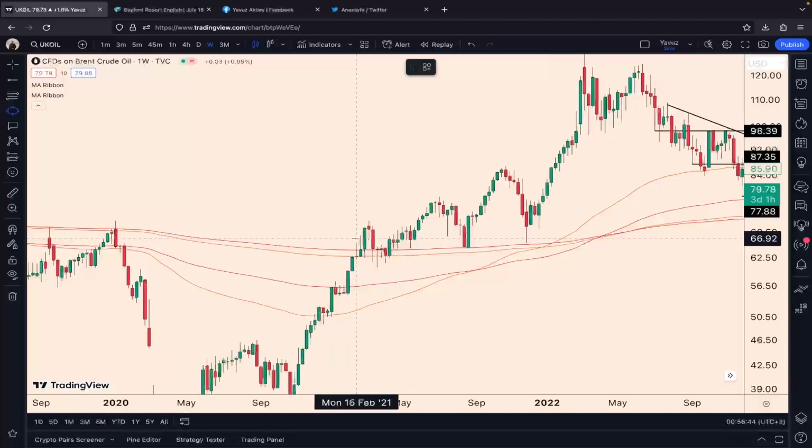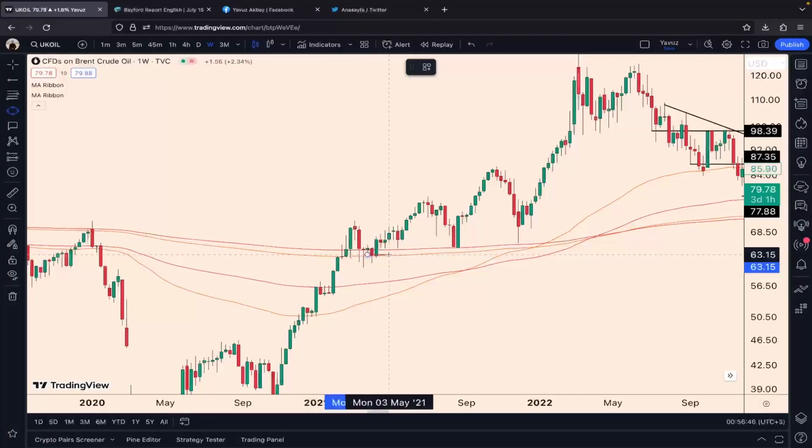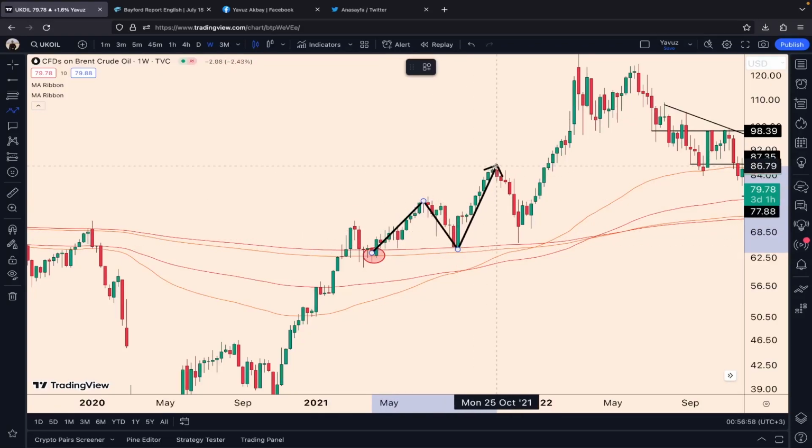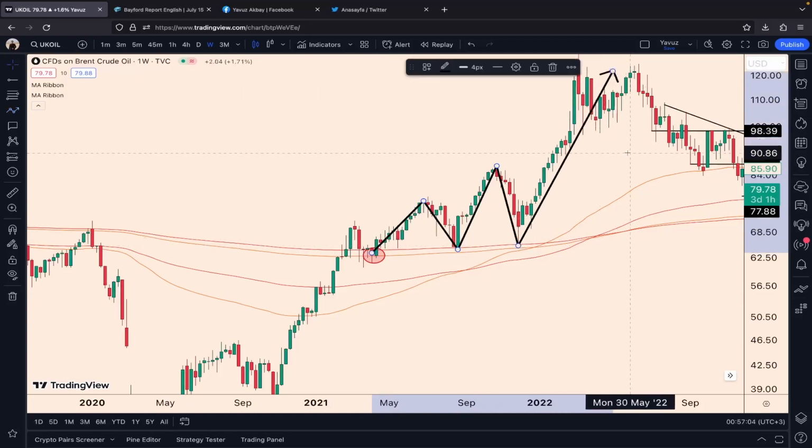So we went up here and then down to that point. You could buy here because it's going to go up, then sell here, then when it goes down, that's a buy point, then sell here, then it went down again, buy point, then sell again.